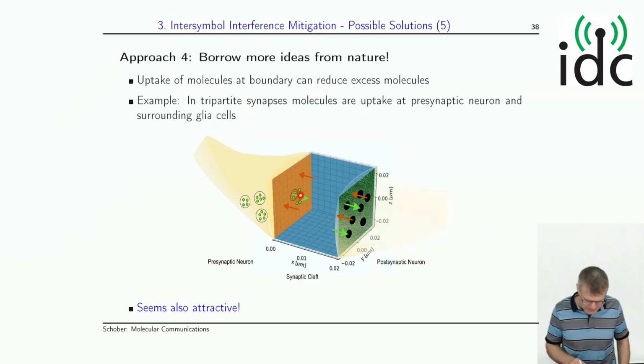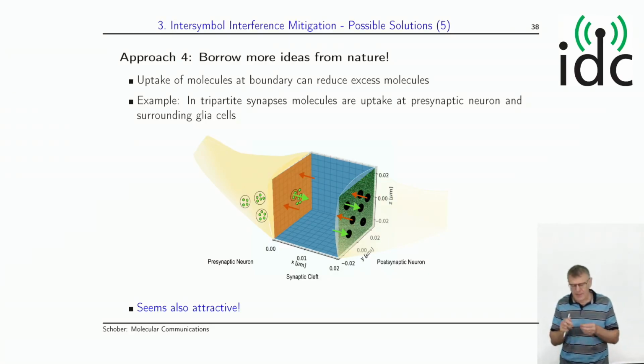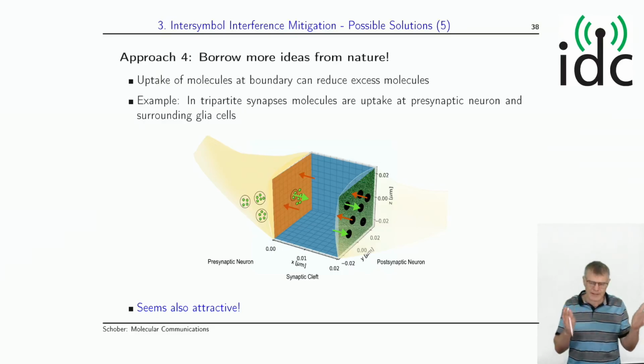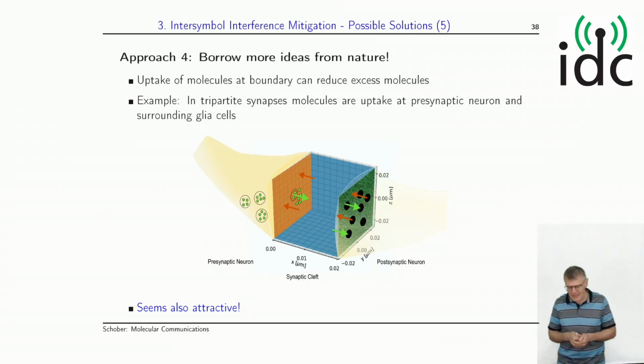They are released by the presynaptic neuron, and the postsynaptic neuron has receptors, illustrated by these black circles, that can bind these neurotransmitters, very much like what you saw in my video, where the receptors on the cell surface could bind these signaling molecules. The same happens here at the postsynaptic neuron. They are bound, and then after a while they are released again.